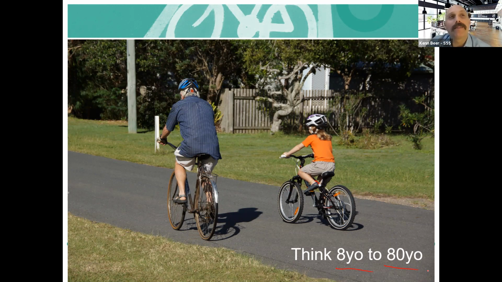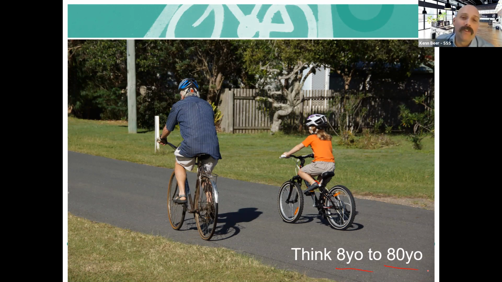Now that's probably a little bit harder with cyclists because there are many varieties of cyclists within that band, and I'll talk a little bit about those shortly. 8 to 80 is a good design philosophy for pedestrians certainly, and generally cyclists, but there's a few more little intricacies for us to deal with.